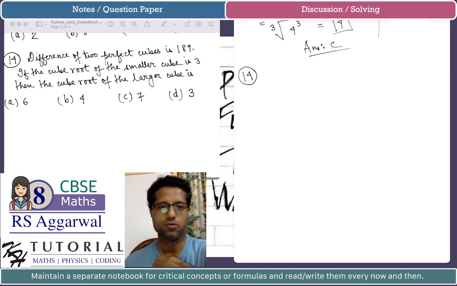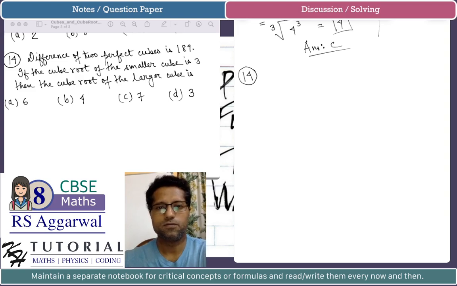If the cube root of the smaller cube is 3, then the cube root of the larger cube is, the difference of two perfect cubes.